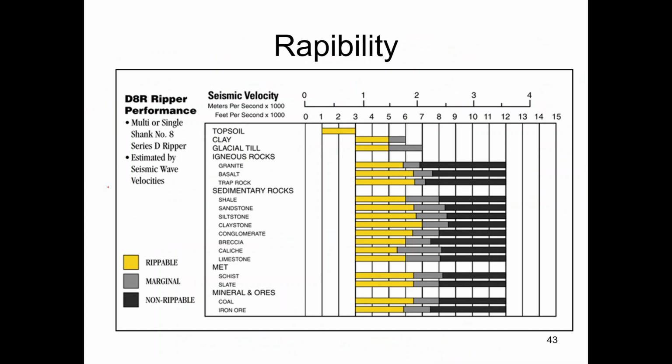So this technique can normally be used to determine the rippability of the material. This is based on D8 Ripper performance. You can check on Google what a D8R looks like. The ripper is a huge machine to rip the rocks for earthworks.